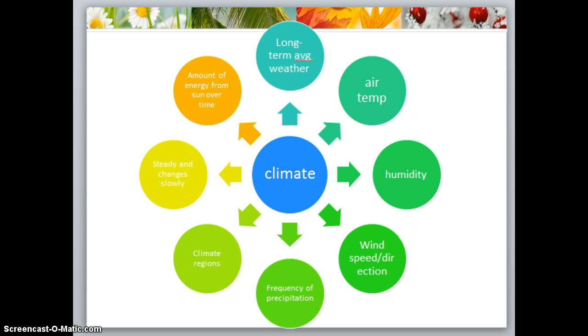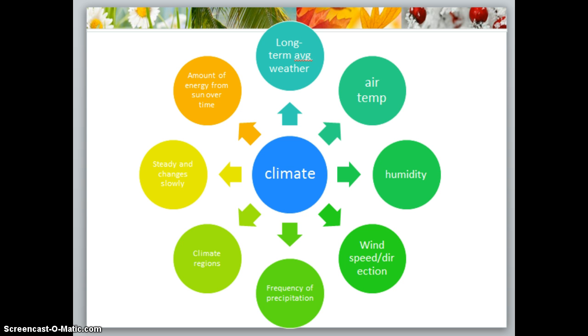When we look at climate, on the other hand, we're looking at conditions over a long period of time. So climate will take into consideration the long-term average of weather in a particular area. It'll look at average air temperature, average humidity, average wind speed and direction, the frequency of precipitation. It also takes into consideration the climate regions. Climate is steady and changes slowly.